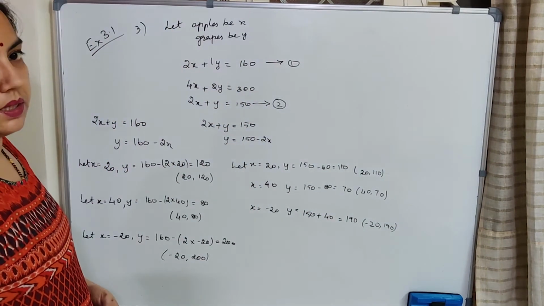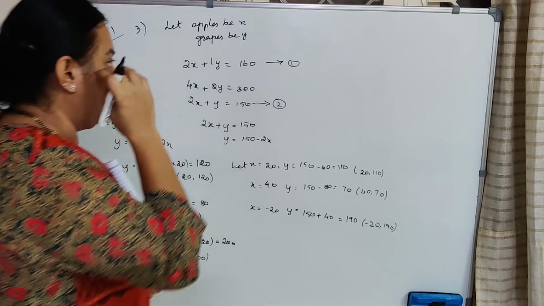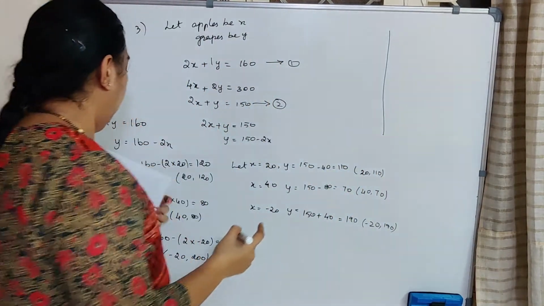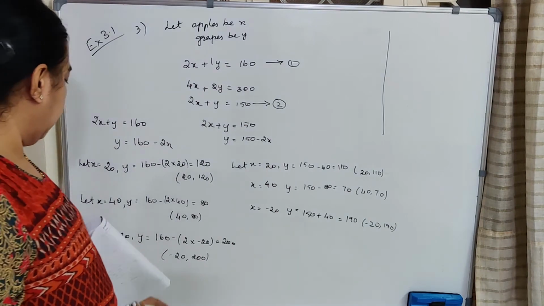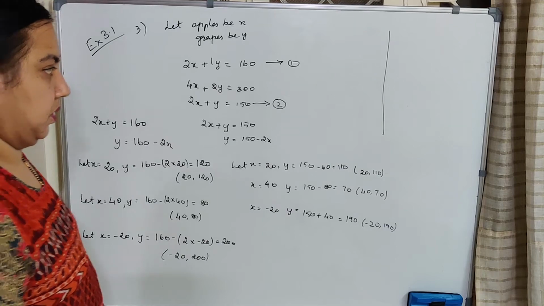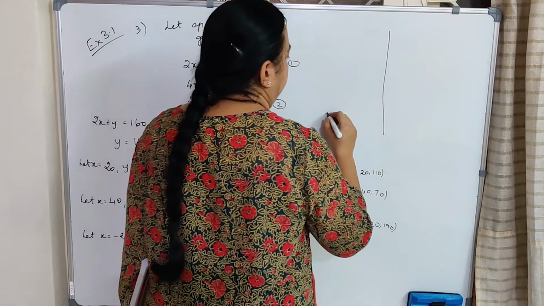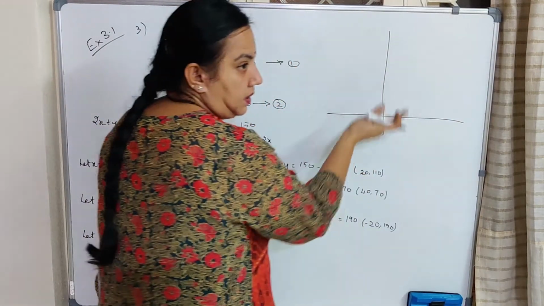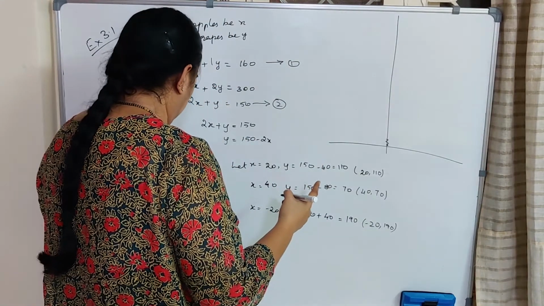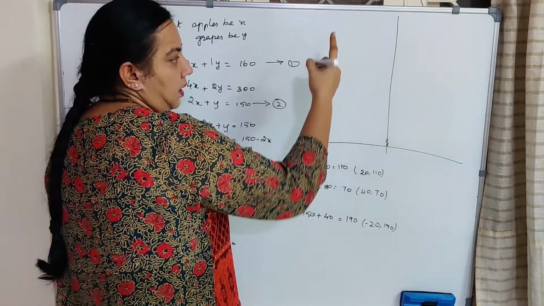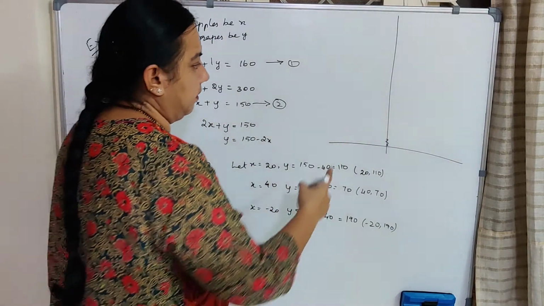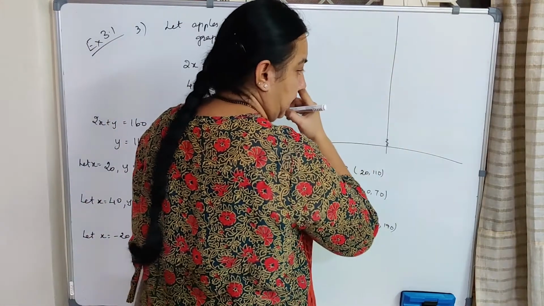So if I mark this on a graph sheet, we will see how they look. Except for the x value minus 20, all the points are positive. So I will keep the x-axis as far below as possible. Everything on the y-axis is a positive number, so I am marking everything only on the positive side.